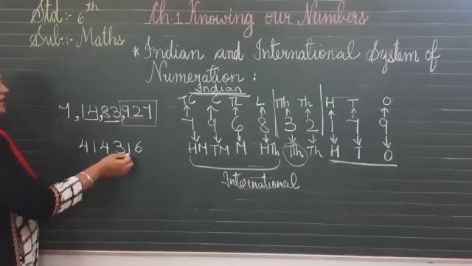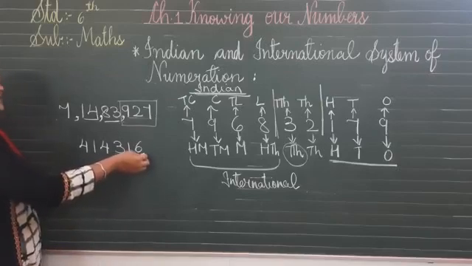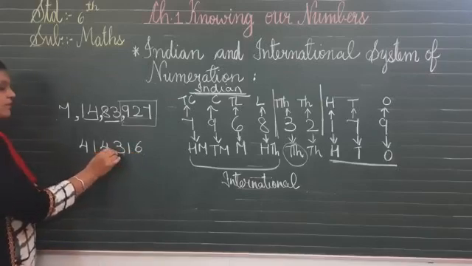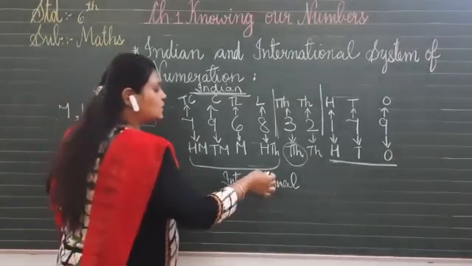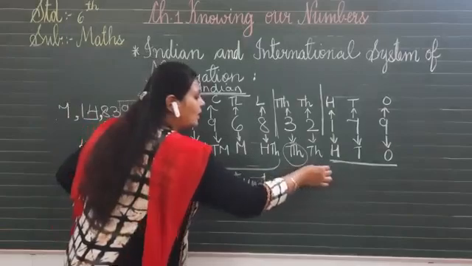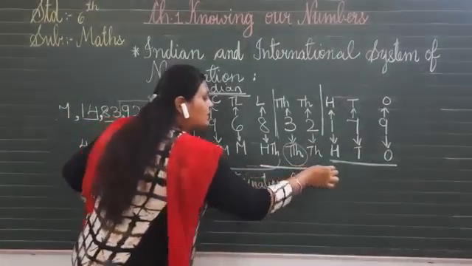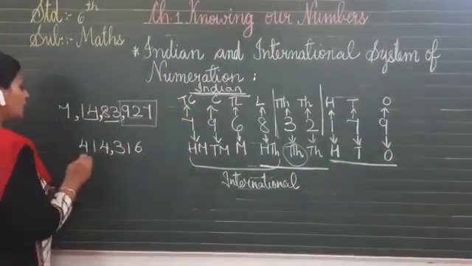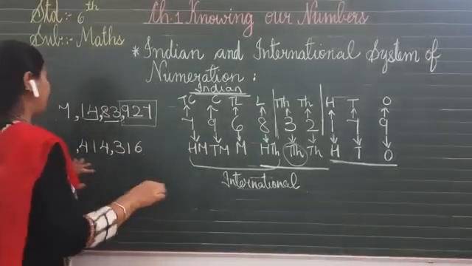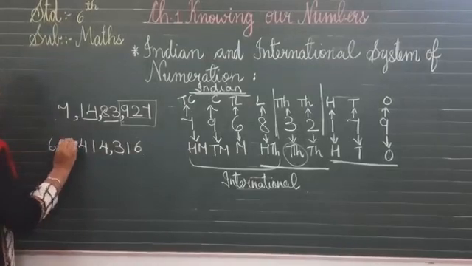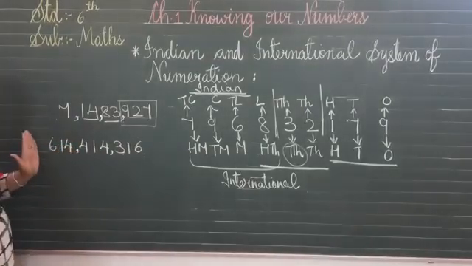So from the last, we will start inserting the comma before 3 digits. Then the second period is of thousands. We will insert the comma again before 3 digits. So, again over here. Now, suppose the given number is of 9 digits, we will stop over here.